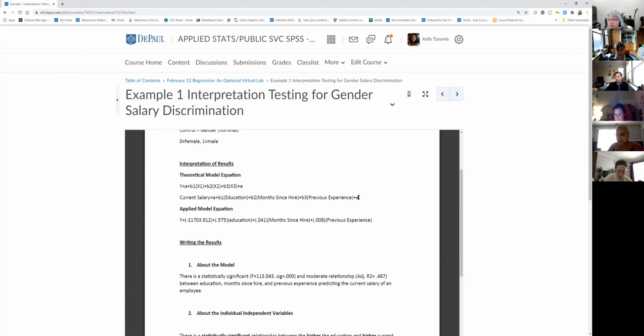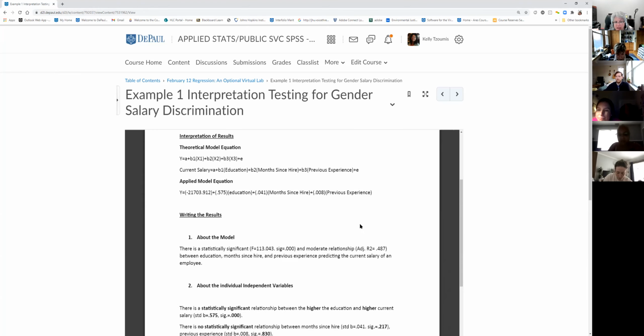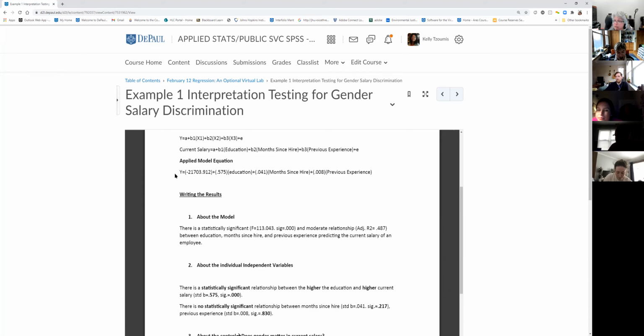It's a source of error for us. Okay. All right. So then you took this very theoretical equation that just comes from being a linear regression. You added your X variables. And then now, in an applied equation, you added the values as well.